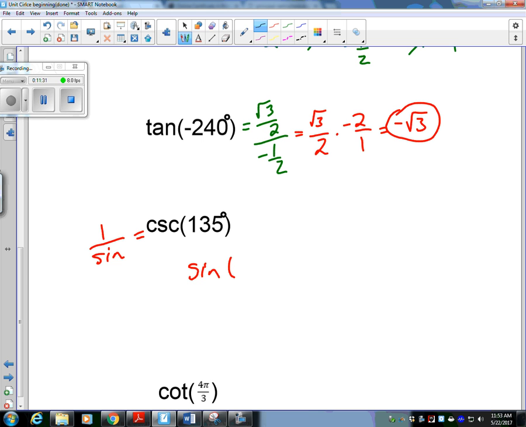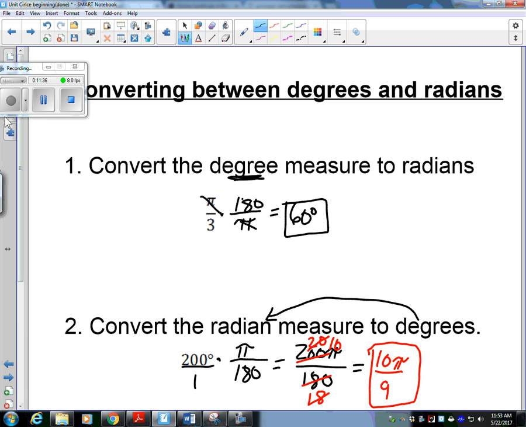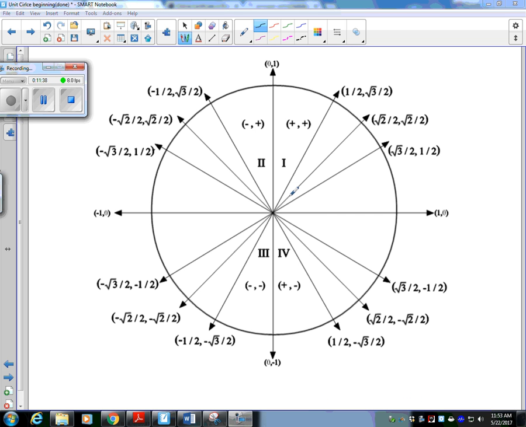So sine of 135, we're going positive, we're at 90, 120, 135. So sine of 135, we go out on that ray, you have, remember x is the cosine, the y is the sine. So sine of 135 is the square root of 2 over 2. So let's look back.